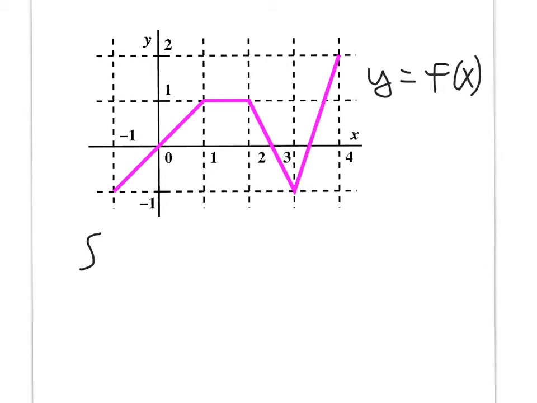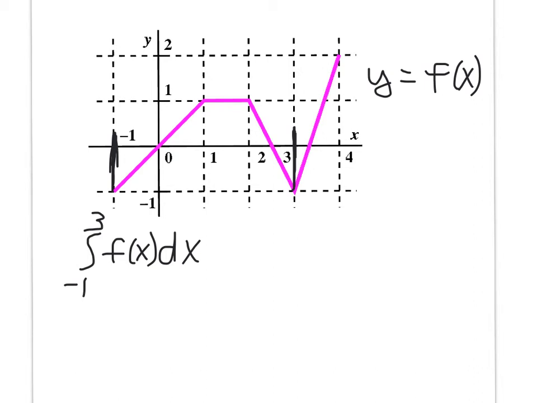Let's go from -1 to 3. Sometimes we have more graph than we need to define here. So we're going to integrate this function from -1 to 3. Well, -1 would be right here, and then 3.